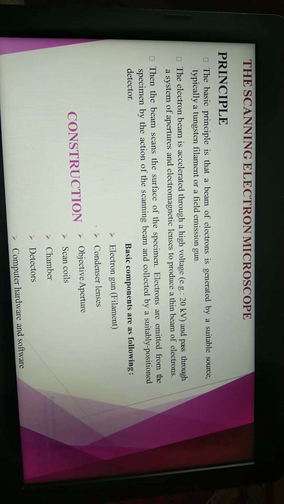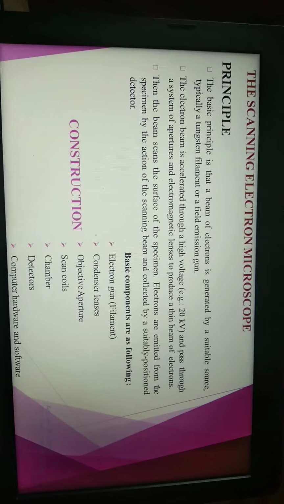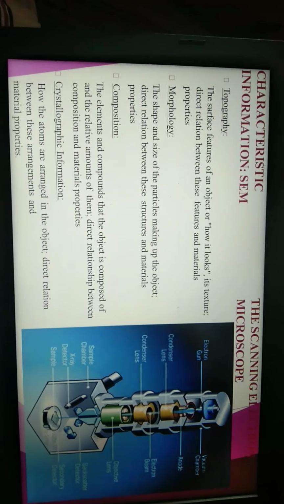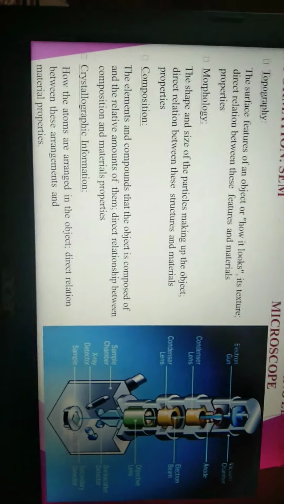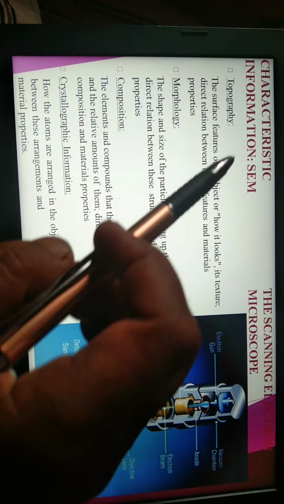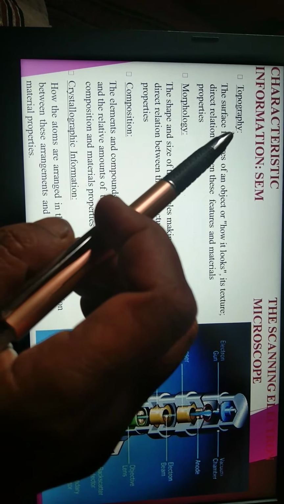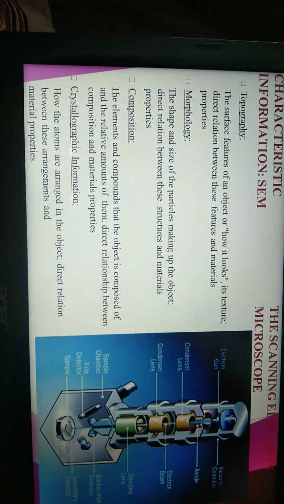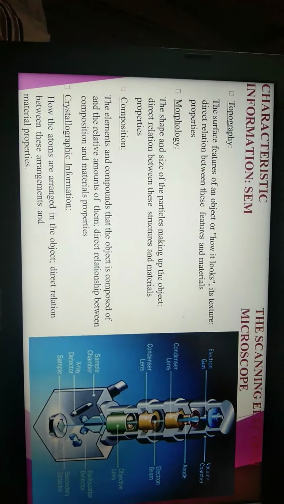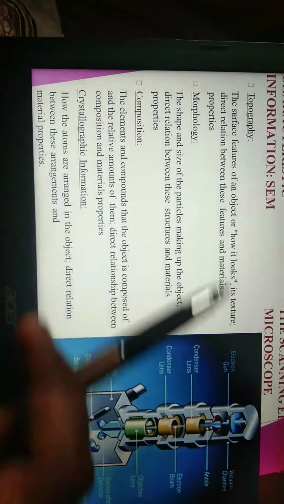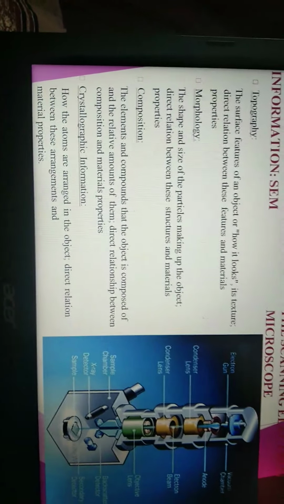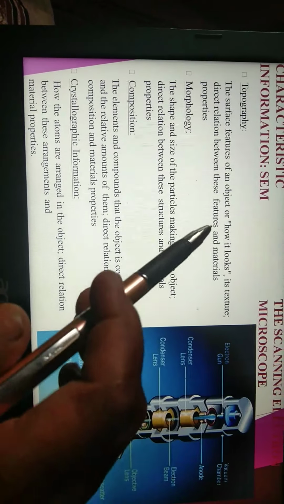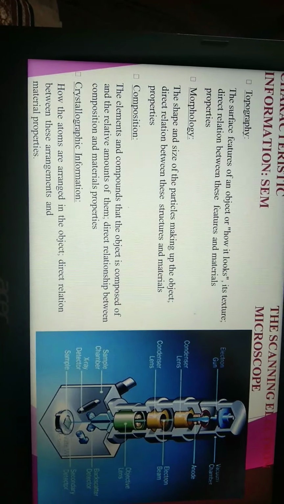Let us come to the information and the scanning electron microscope diagram. The characteristic information is topography, morphology, composition and crystallographic information. Topography gives us information about how the structure looks, how the specimen looks.